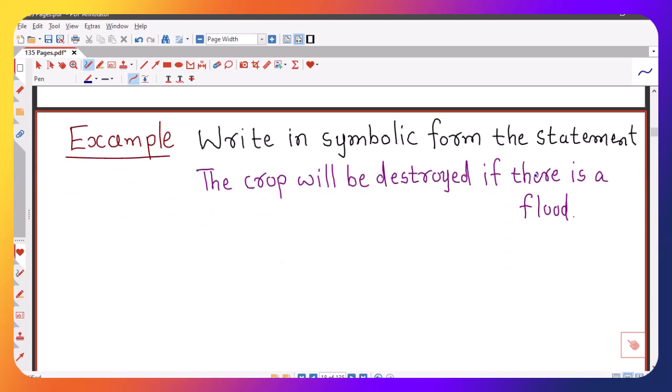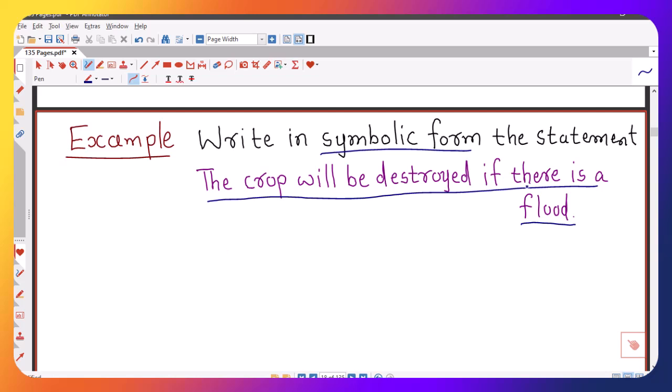Here I have taken one example. I have this sentence in the English language, and I have to write it in symbolic form using predicate logic. The statement is: the crop will be destroyed if there is a flood.